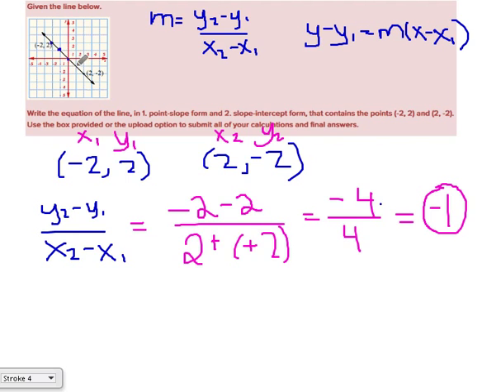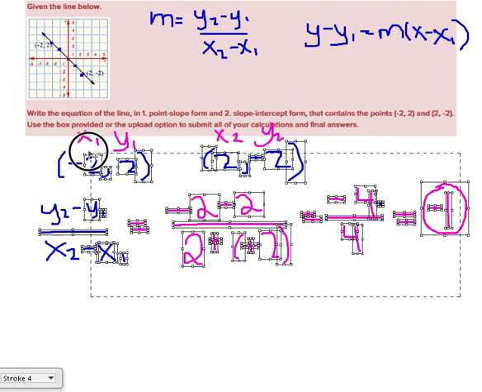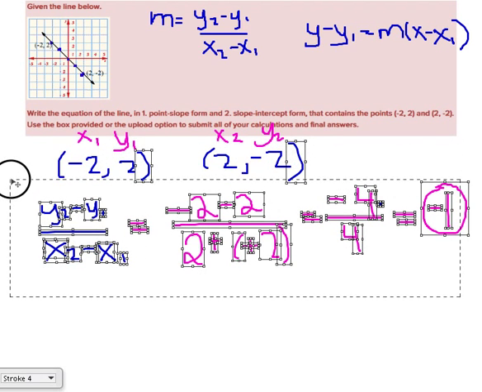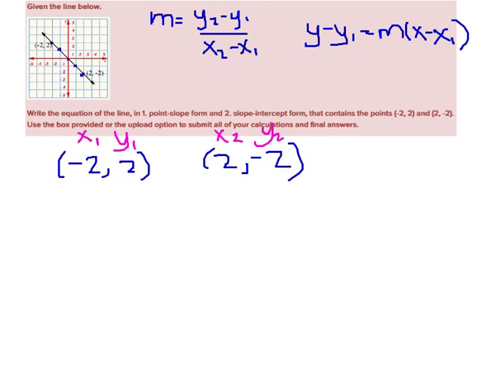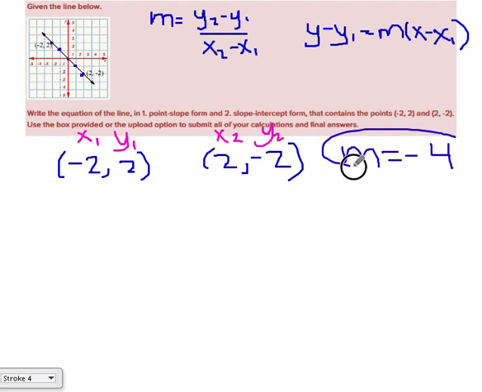So it looks like a slope of -1 really does work out as my rise over run when I look at my line. So now I'm going to erase this work here so I have room, but I'm going to put m equals -1 so I don't forget. So my slope is -1. So that's my first step in solving this problem, but I still have a lot left to do.